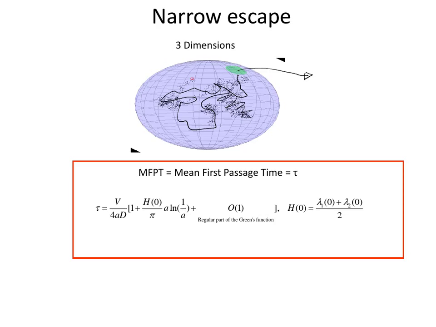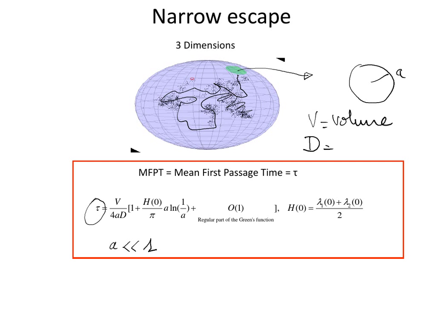What we are going to see today is that the mean first passage time, tau, can be expressed asymptotically in the limit of small a. A is the radius of the small patch, V is the volume, and D is the diffusion coefficient.